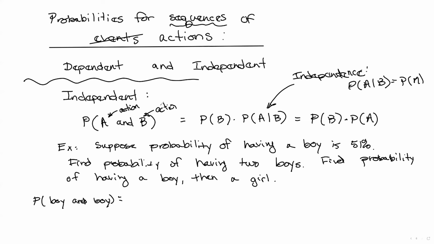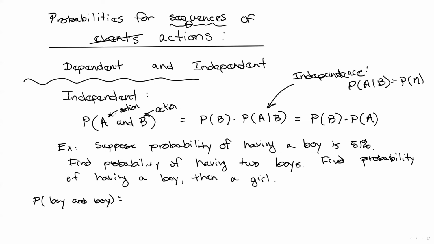So first of all, you have to think about whether these are dependent or independent. If you get pregnant and you have a boy and then you get pregnant again, does the fact that you had a boy the first time affect the probability that you're going to have another boy? The answer is no, absolutely not. They're independent. They're just like coin flips.